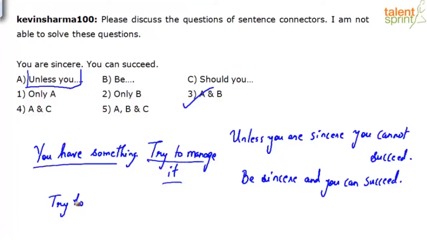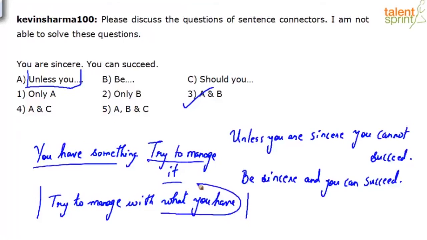"Try to manage with what you have." See here again, in this example sentence, one of you gave it, "what you have" is referring to the "something." You're not literally taking that thing and putting it here when you're connecting it, but it is still making logical sense.